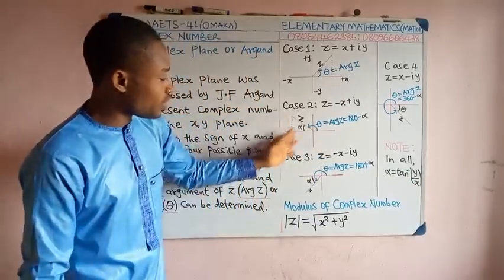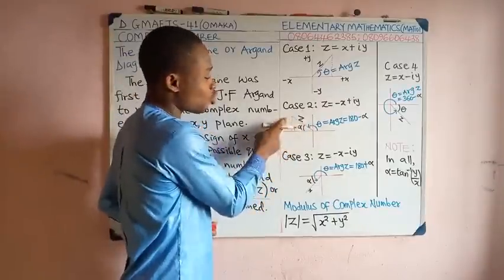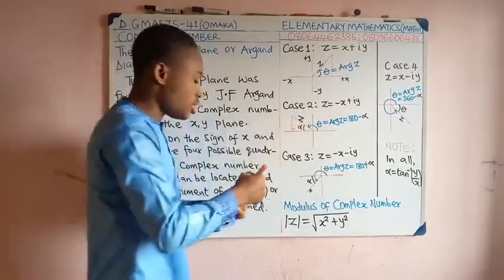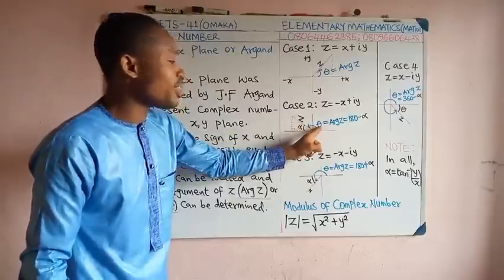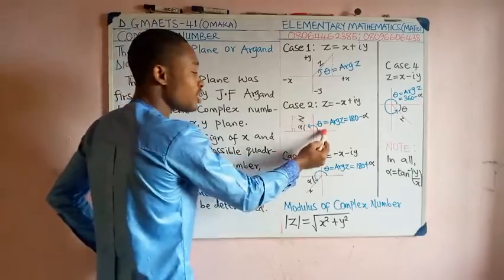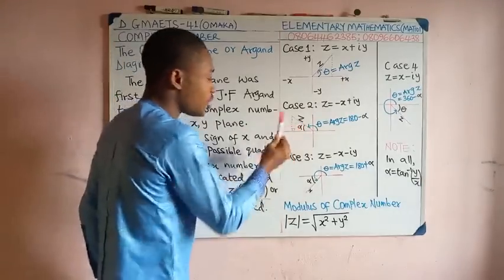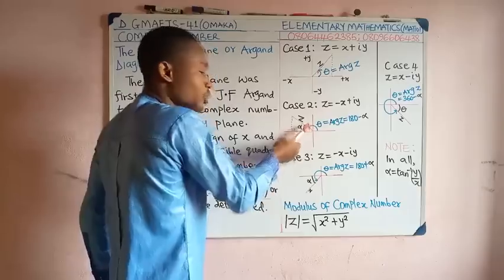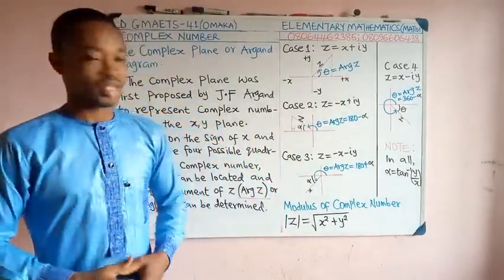So you drop your vertical, you get a right angle triangle, and then you take your tan inverse of y over x. You get your alpha. Once you get your alpha, subtract that alpha from 180. Whatever value you get is your argument of z. The reason being that from this positive x to negative x is 180. Out of it, you know alpha. You are looking for this value. So it will be 180 minus alpha, and you get your argument of z.